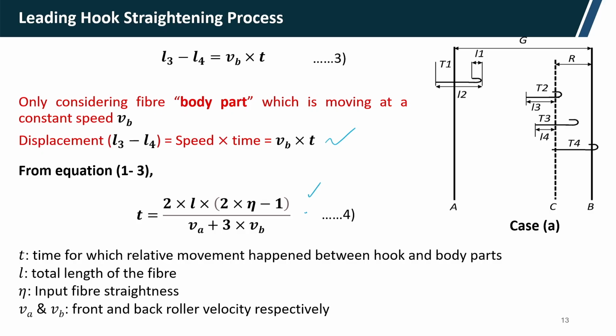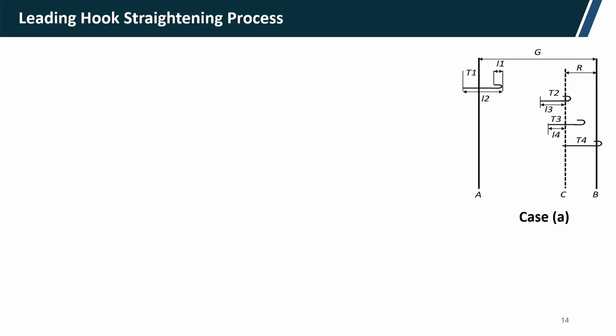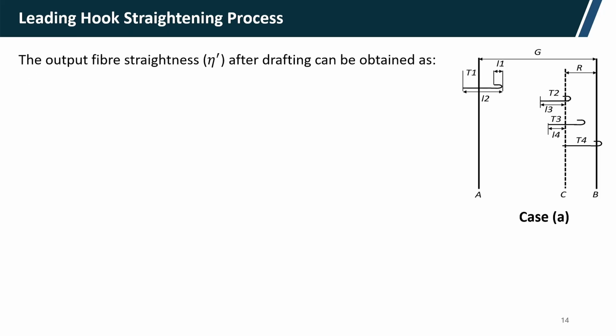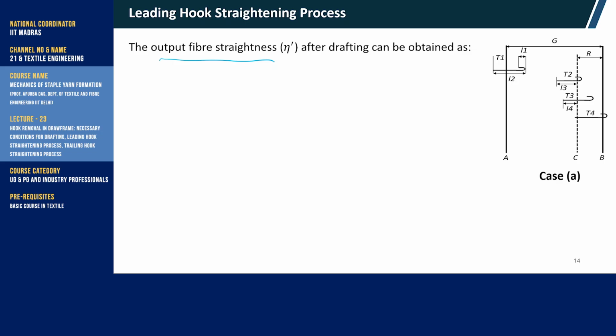Eta is the input fiber straightness, and L is the total length of fiber. The output fiber straightness after drafting, that also we can obtain.